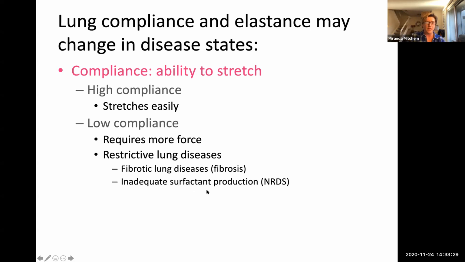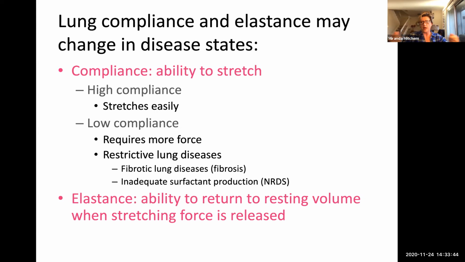So premature babies, if they don't have surfactant, which they all do in the United States, were at risk of developing restrictive lung diseases, where their tissue just does not stretch. And if it doesn't stretch, then they can't expand their airways. So again, elastance is the ability to go back to our normal state after the stretching is gone.